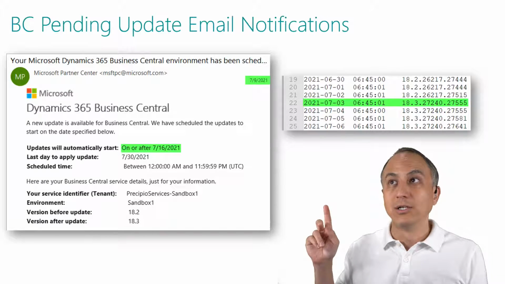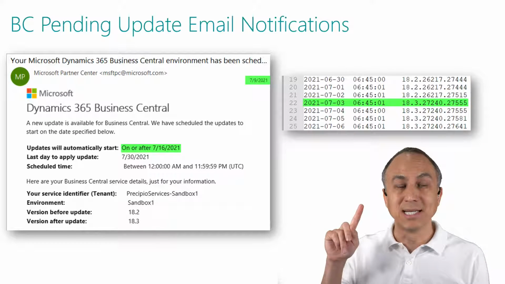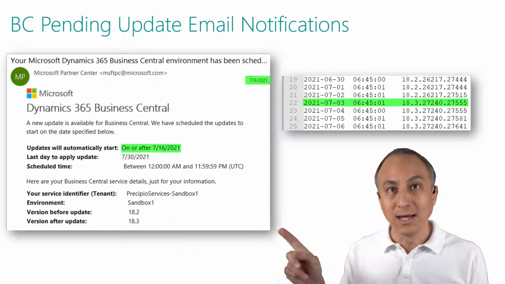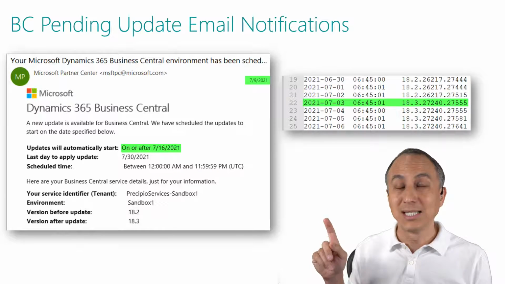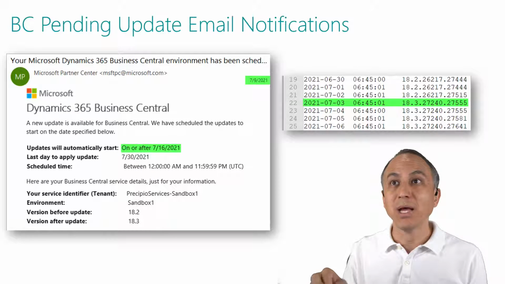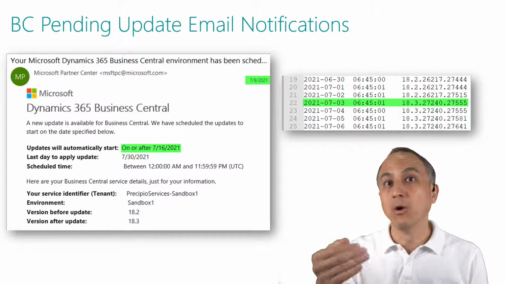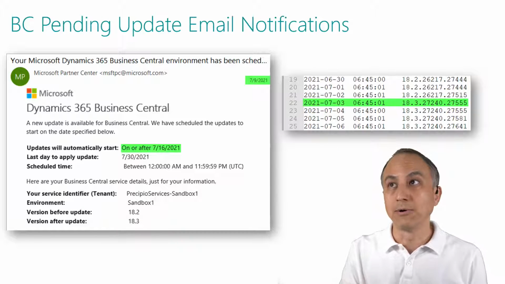So July 3rd is the first clue we have as the 18.3 designation. July 9th, just 6 days later, we get the email notification of the pending upgrade. And 13 days later is when the window opens to start upgrading.